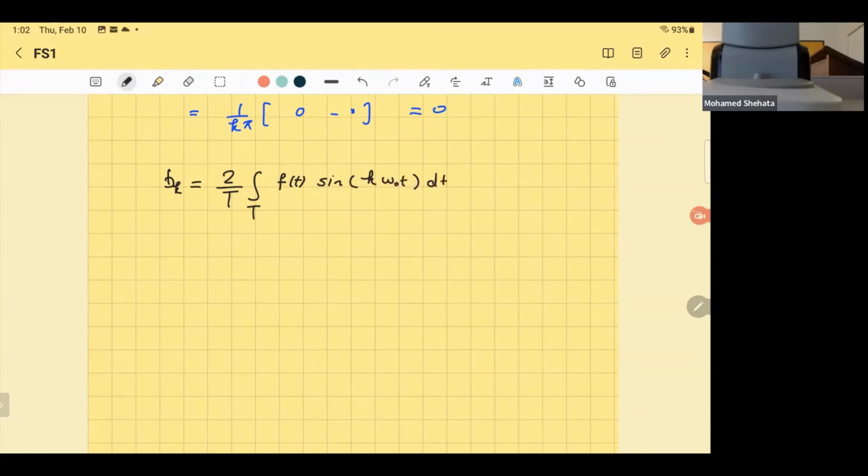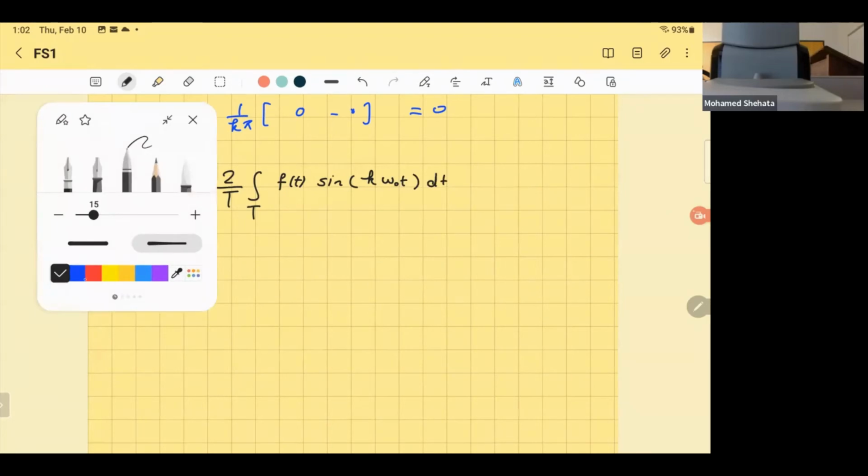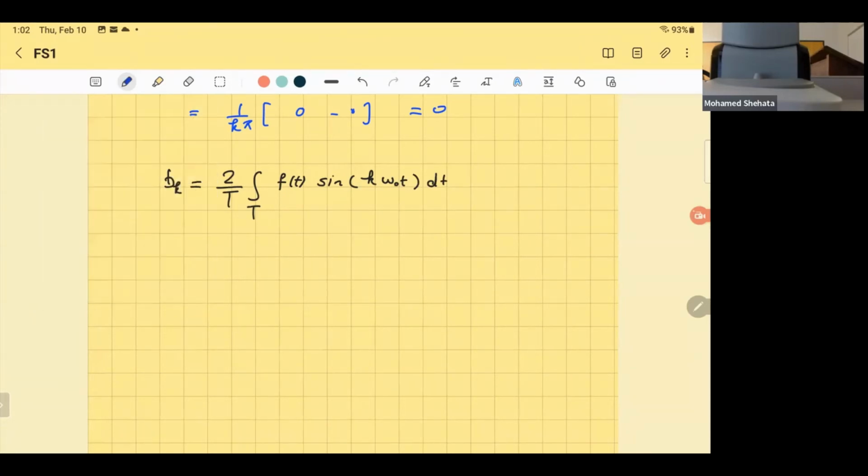Now I will start to put the values of T and omega. T is equal to 2, so 2 over 2, the integration from 0 to 2, the function f of t, sine k omega naught, which is pi, t dt.